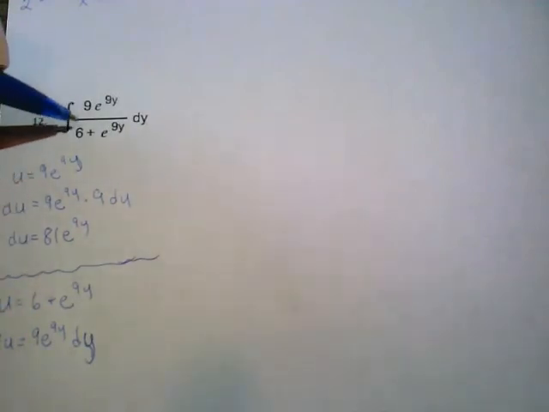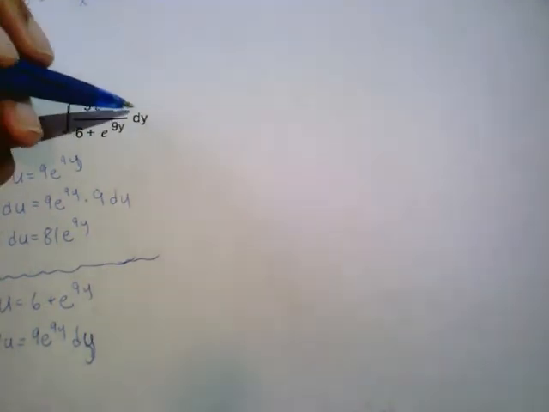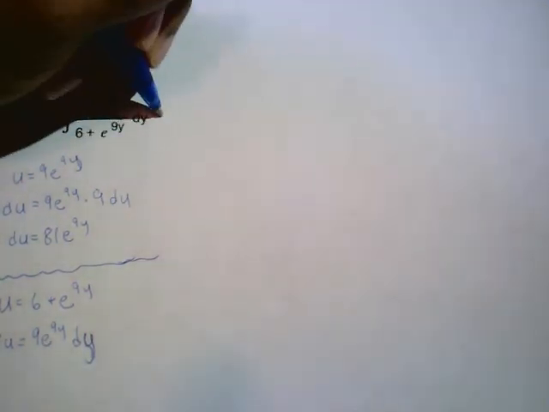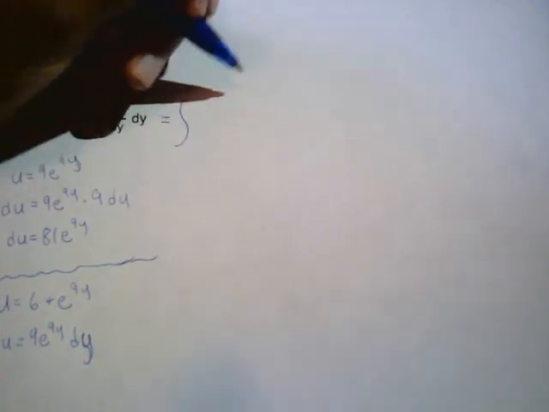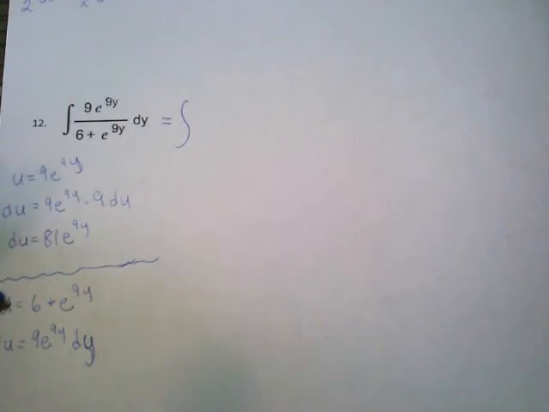Why? Because u will take the place of this entire denominator, and then du will take the place of both the 9e to the 9y and the dy here. So in this case, it'll be a little bit easier if we just go ahead and make the u substitution for the denominator instead of the numerator.